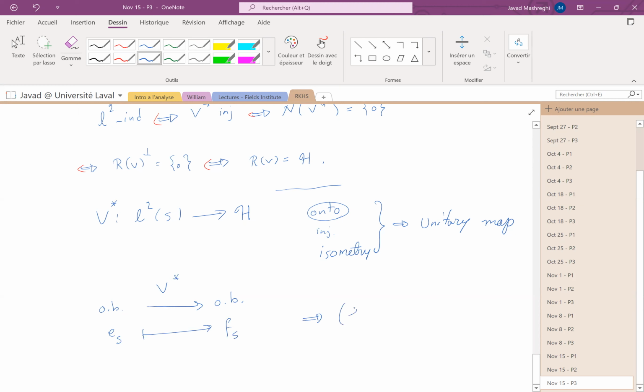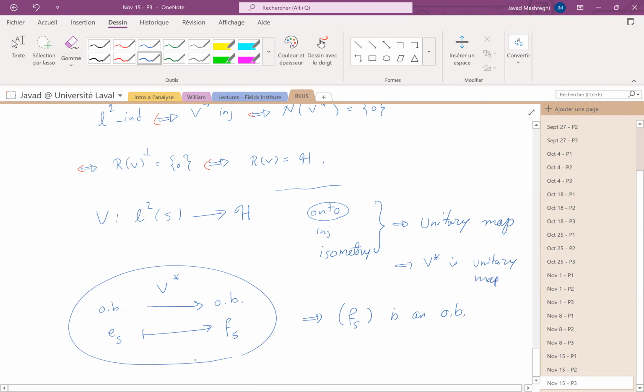Therefore, FS is an orthonormal basis. Let me put it more correctly. What I wrote here was correct. So V is a unitary map, and therefore V star is also a unitary map. And now I use V star here. End of story.